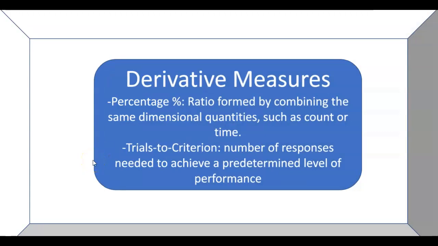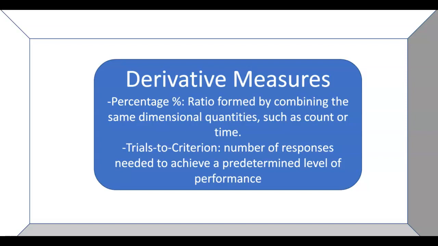Derivative measures. So derivative measures are basically the measures that we find or figure out by looking at the dimensions we spoke about. So percentage, it's a ratio formed by combining the same dimensional quantities such as count or time.